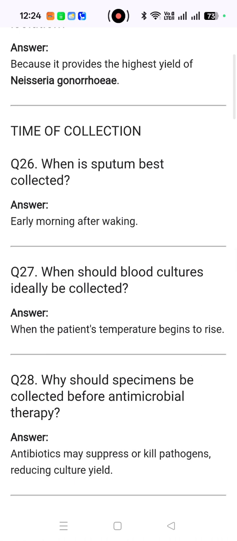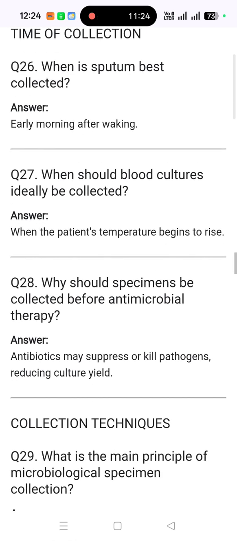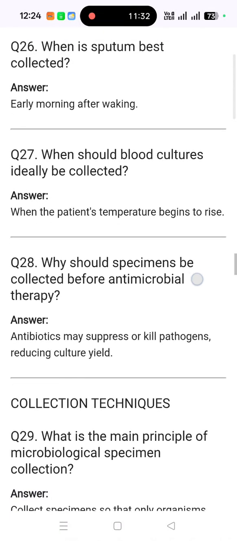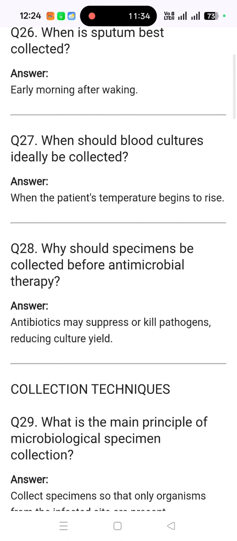Time of collection. When is sputum best collected? Early morning after waking.